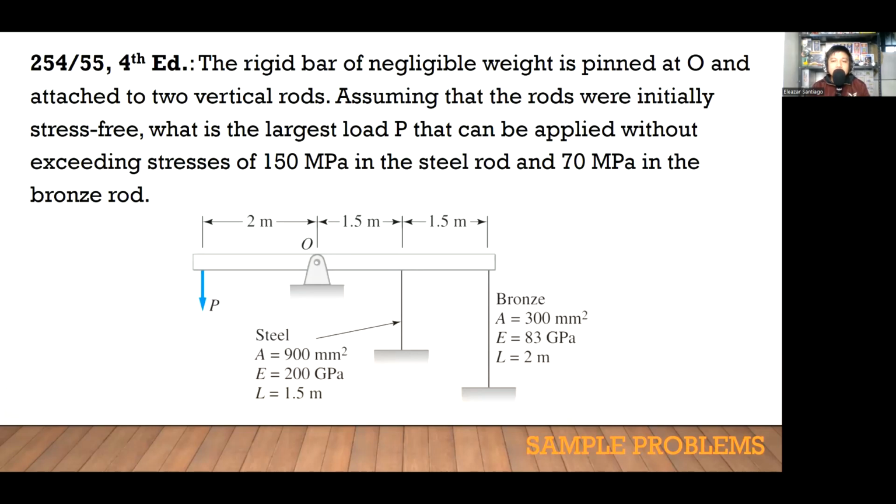Assuming that the rods were initially stress-free, what is the largest load P that can be applied without exceeding stresses of 150 megapascal in the steel and 70 megapascal in the bronze rod? For this 150 and 70, these are the allowable or the maximum values of the stresses for both steel and bronze rod.